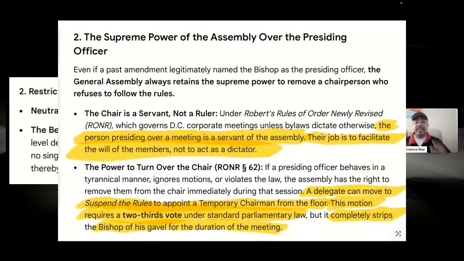Now, you can get rid of the individual who's presiding over the meeting, and you can also dismiss individuals from their positions in the General Assembly for the religious side. General counsel can be easily replaced. Executive staff, easily replaced. General Assembly secretary, assistant, easily replaced.